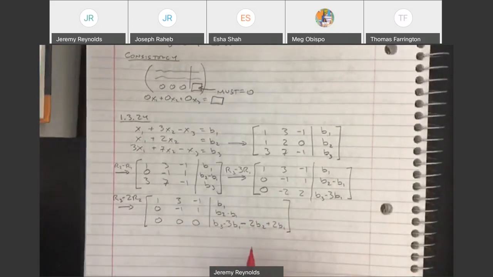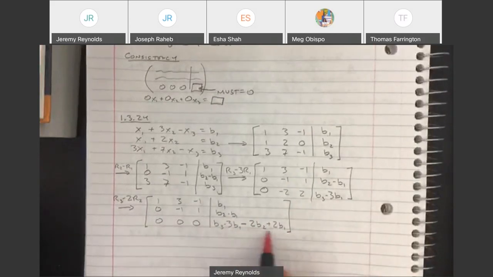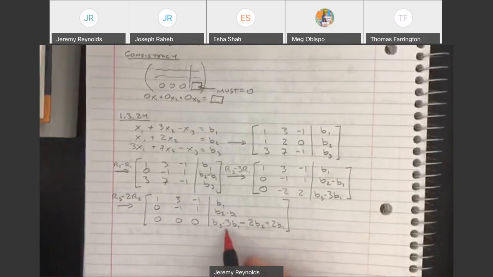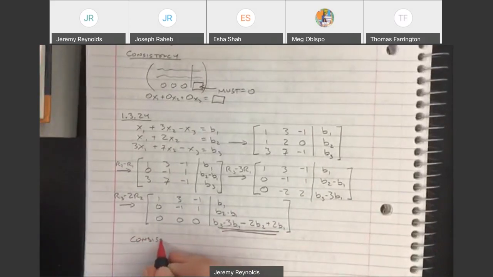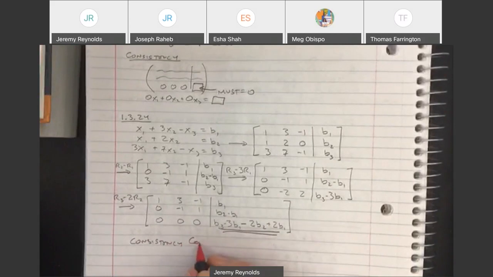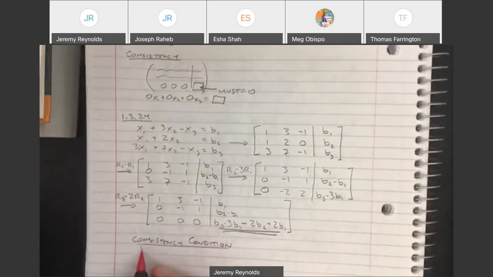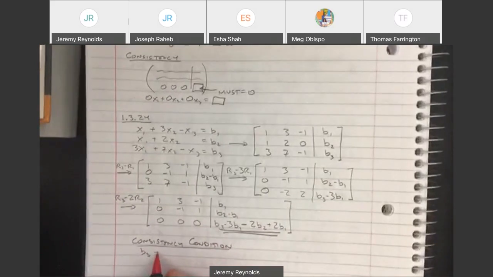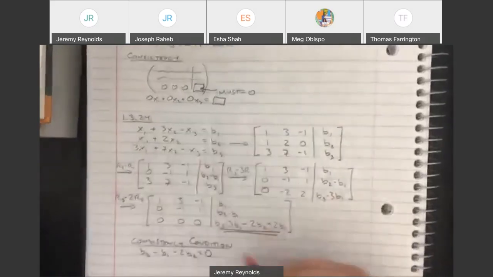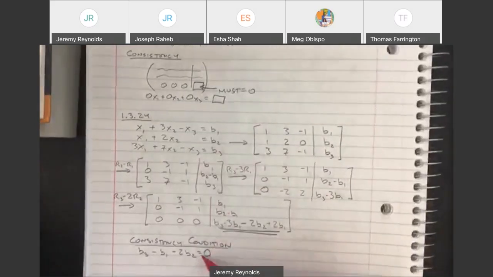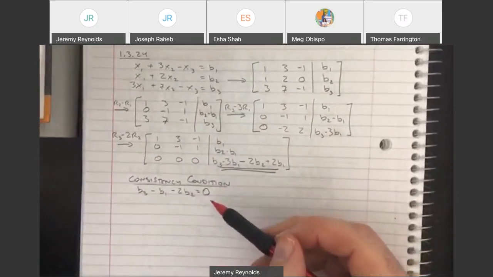So we have a 0 row, and then this long equation over here. This is what's called our consistency condition: b3 minus b1 minus 2b2 equals 0. In order for this system of equations to have a solution, this consistency condition must hold.